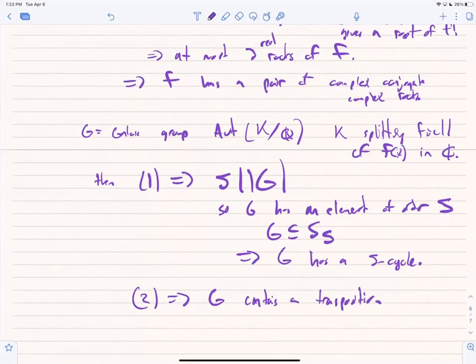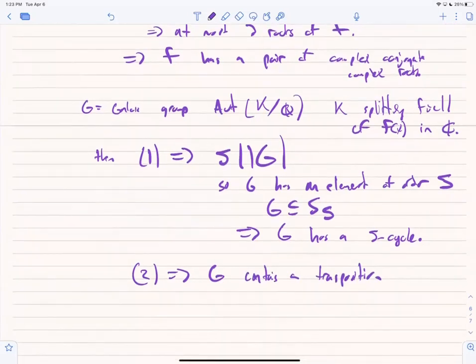Well, easy enough. It's just complex conjugation. Complex conjugation is an automorphism of the complex numbers that fixes the real numbers.